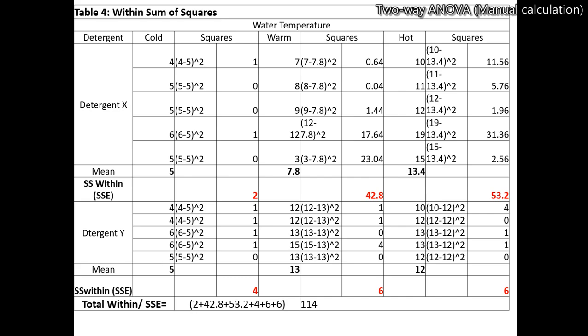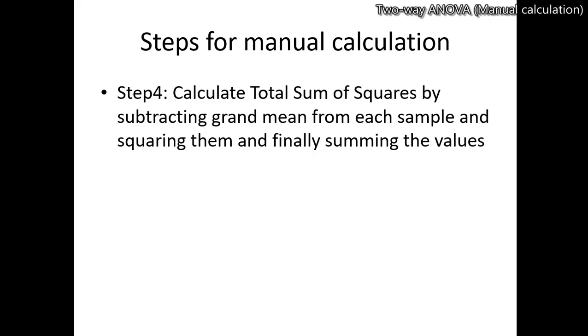For detergent Y and cold water, the sum of squares within is 4. For detergent Y and warm water, it is 6, and similarly SS within for detergent Y and hot water is 6. So the total within sum of squares is equal to 140.